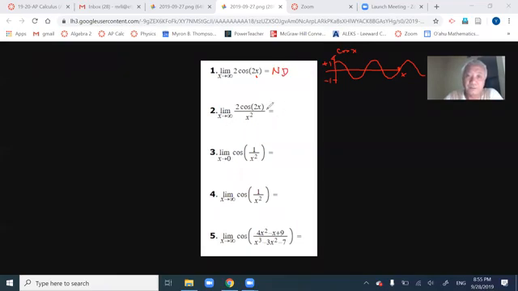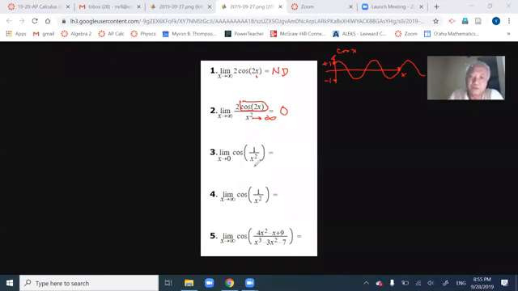For this one, cosine, no matter what, is always like this, up and down. But times 2, the maximum is 2, the minimum is -2. So the bottom one approaches infinity. A limited number divided by a huge number would be 0.